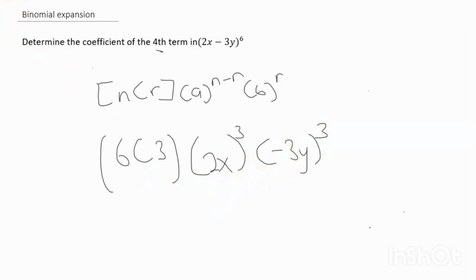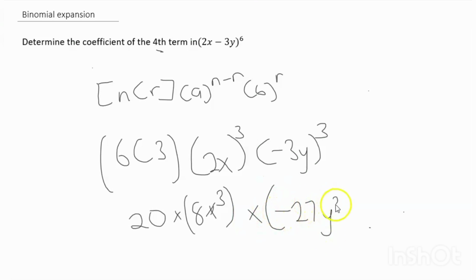Let's see. If you solve for 6 combination 3, you would get 20. So 20 multiplied by 2x, this would be 8x cubed, multiplied by minus 27y to the power of 3.